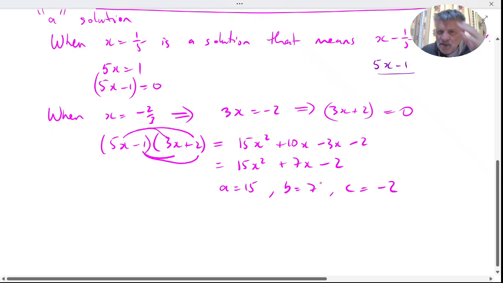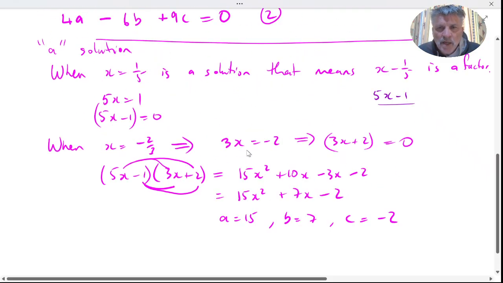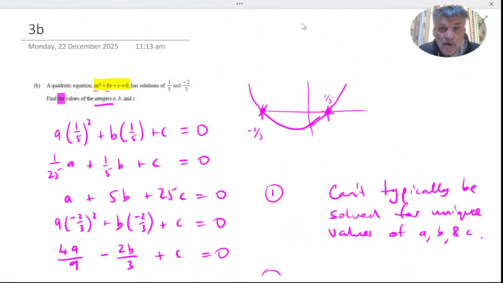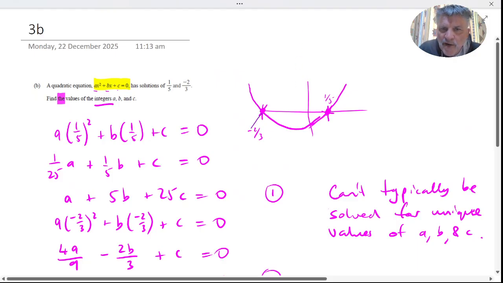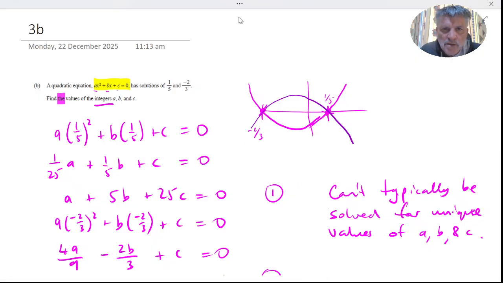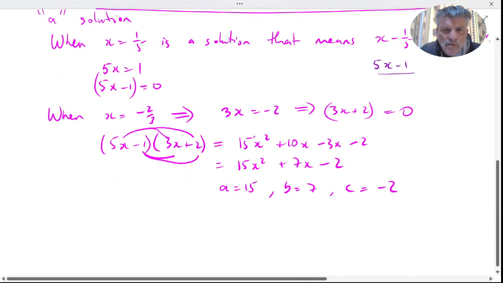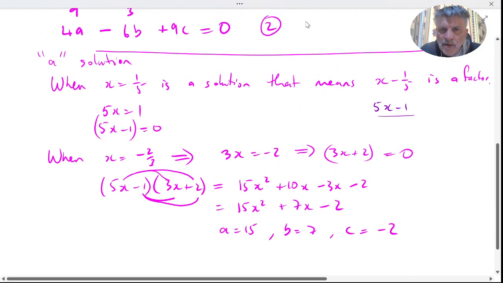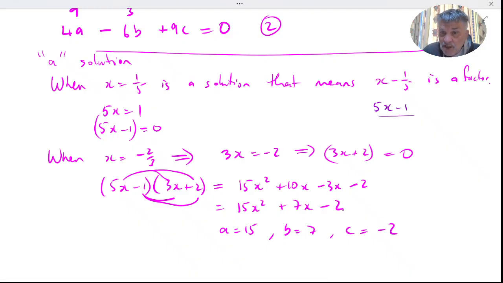This might be the most natural solution you'll get, but as I said previously, we don't even know at this point whether the quadratic is upright or inverted, and so what that means is we could just negate all of these.